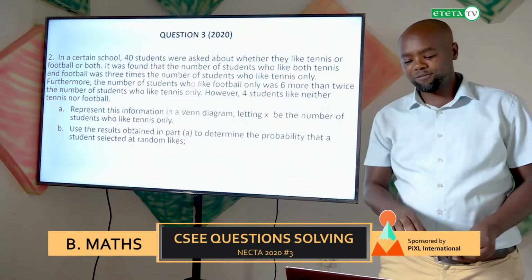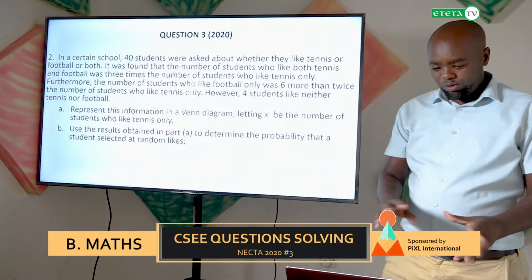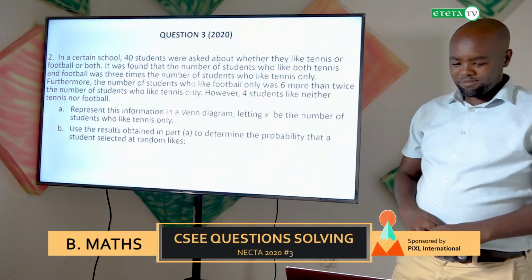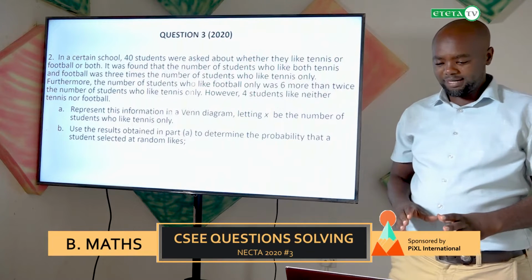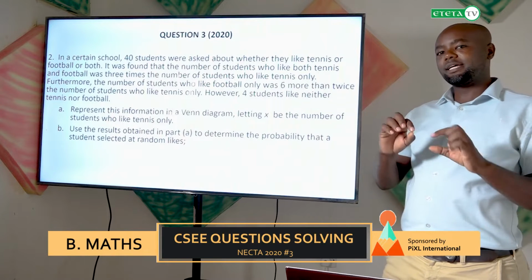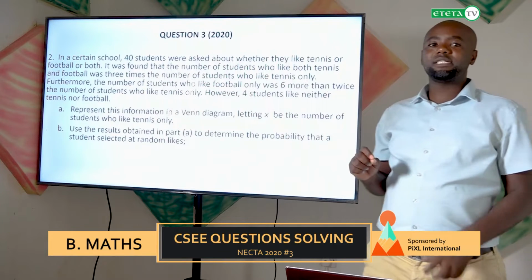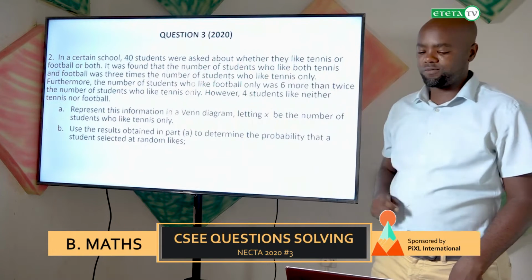It depends on the information in the question. When you read the question carefully, there is the statement about the number of students who like both tennis and football. Since there is an intersection, the circles should overlap, showing that there is a region which shows the intersection of those 2 sets.